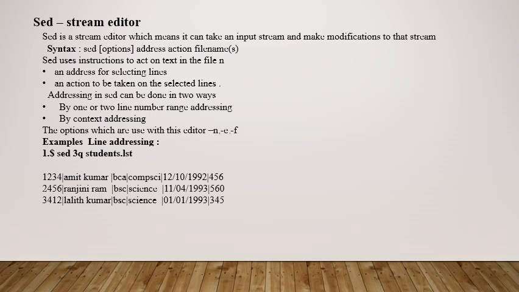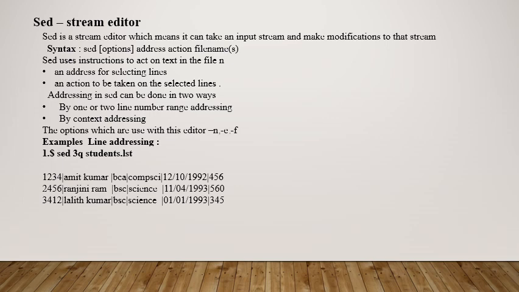It suppresses the default output, -e is used to give multiple instructions, and -f takes the script from a script file, and this script file consists of editing commands, one per line. So these are the options used with sed, the stream editor.